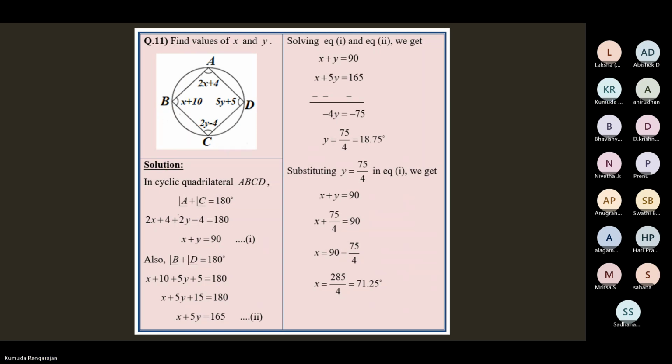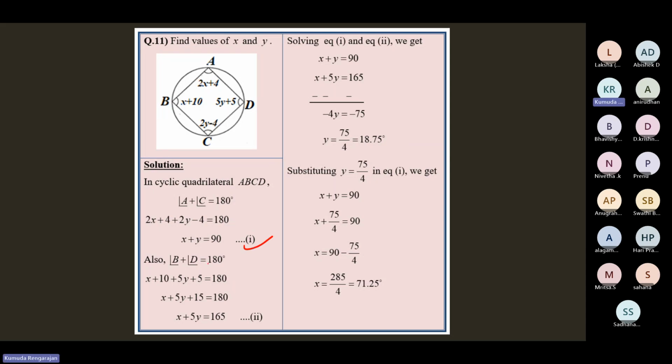So you'll get 2x plus 2y, the plus 4 and minus 4 get cancelled, is equal to 180. Dividing by 2 throughout, 2x by 2, 2y by 2, 180 by 2, you get x plus y is equal to 90.